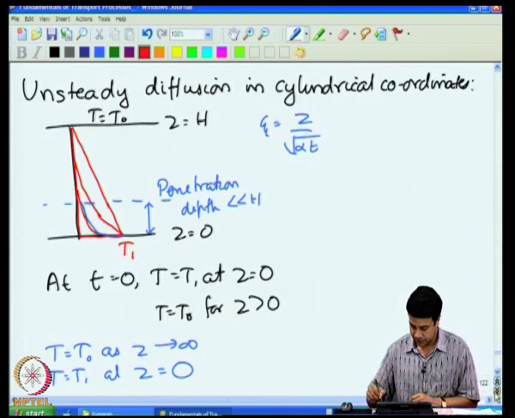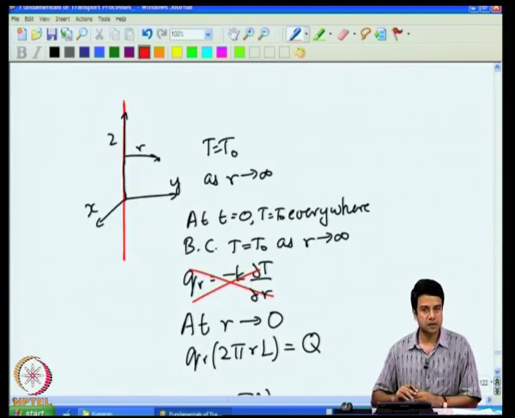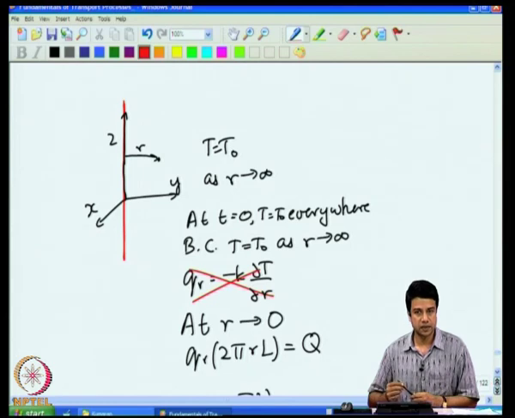However, one can consider a cylinder of infinitesimal thickness, a wire whose radius is very, very small. And for this wire, since the radius of the wire goes to 0, one can still use a similarity solution for this equation.